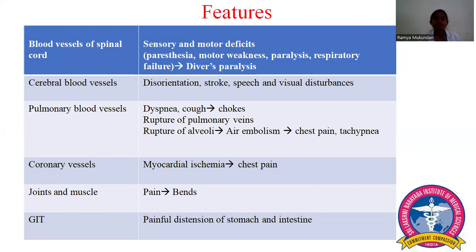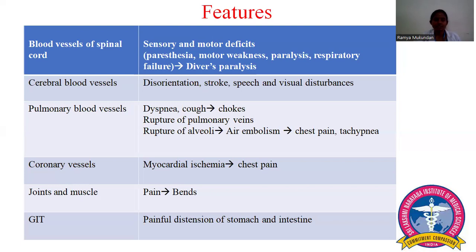So all the symptoms caused by this block in the blood vessels of the spinal cord are referred to as diver's paralysis. Next, whenever these bubbles reach the cerebral blood vessels, it results in disorientation, alteration in intellectual function, stroke, speech and visual disturbances.